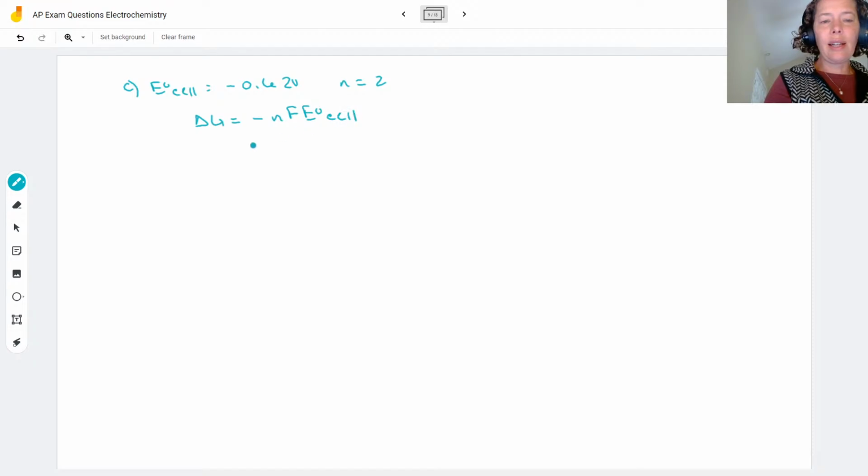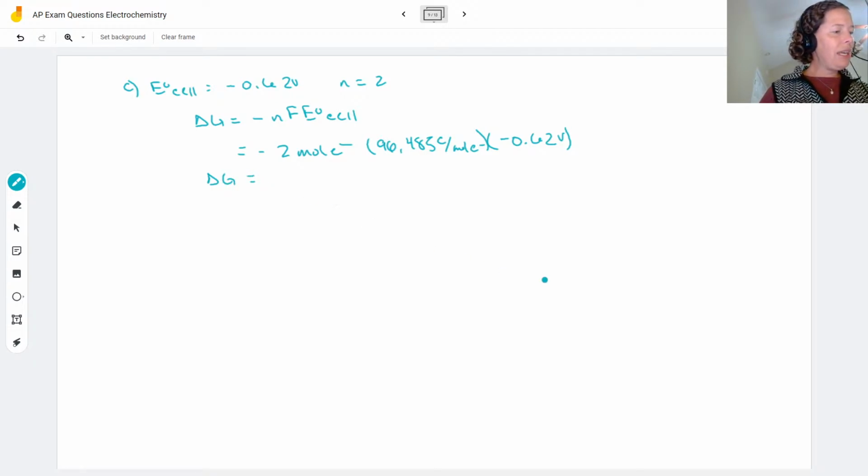This is negative 2 moles of electrons times Faraday's constant, 96,485 coulombs per mole of electrons, and times our voltage, negative 0.62 volts. So for our reaction at C, we get a delta G of 1.20 times 10 to the 5th joules, or 120 kilojoules.